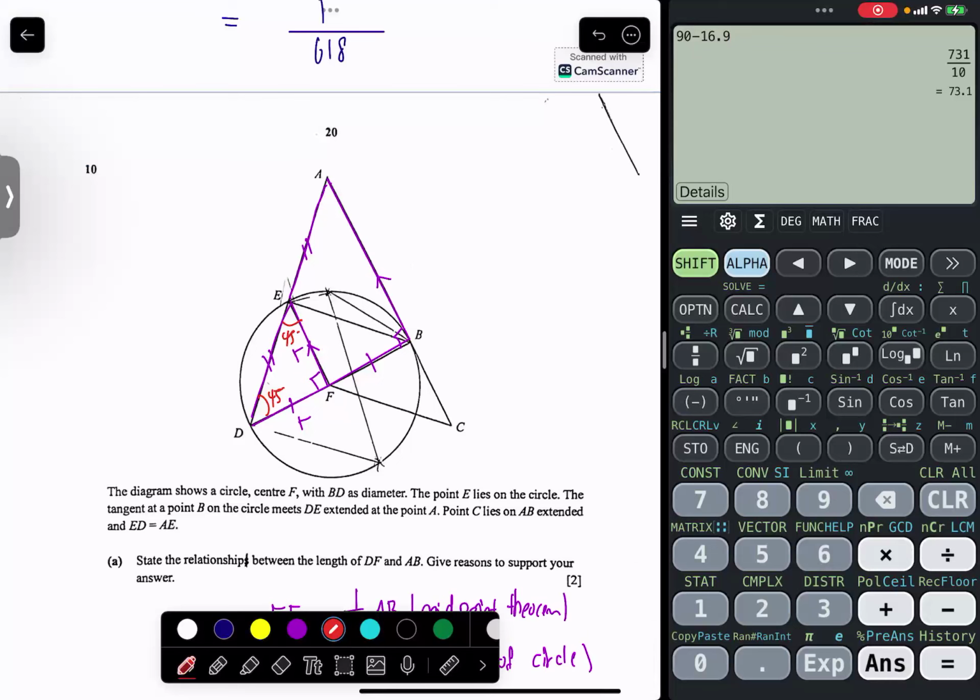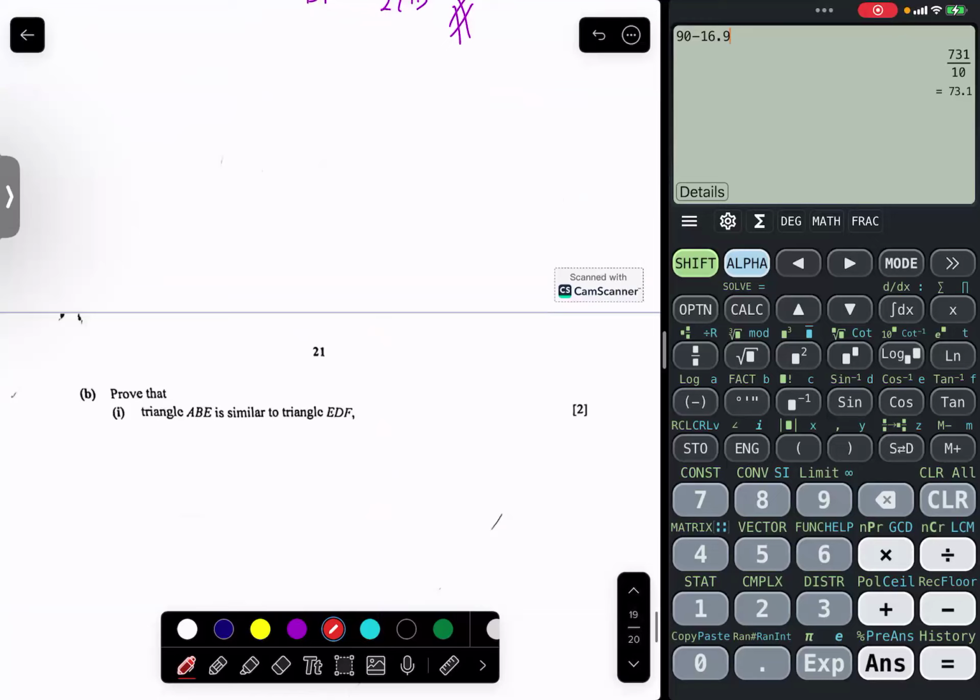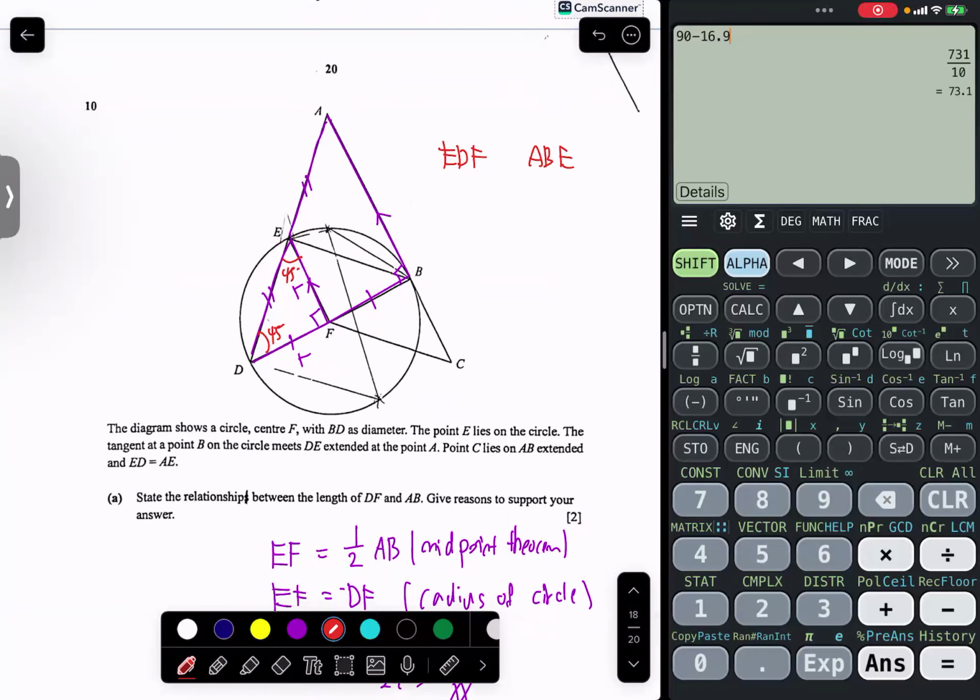So angle EFD and angle AEB are both 90. So there's another one: angle EFD equals angle AEB equals 90.